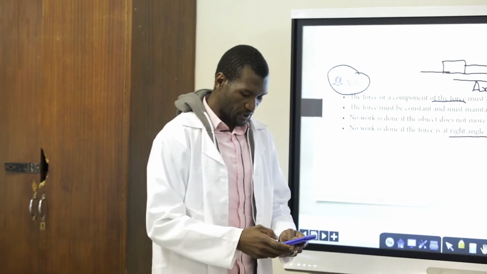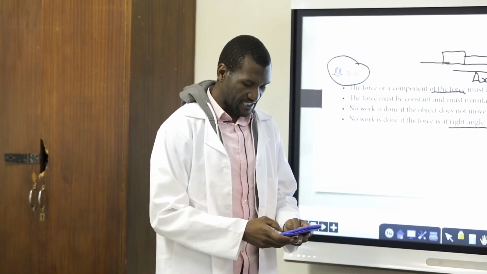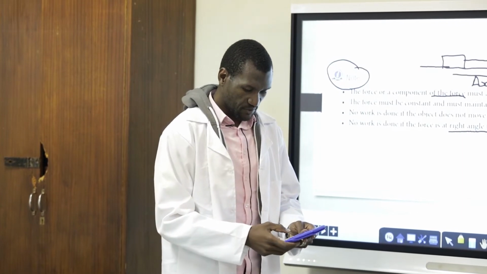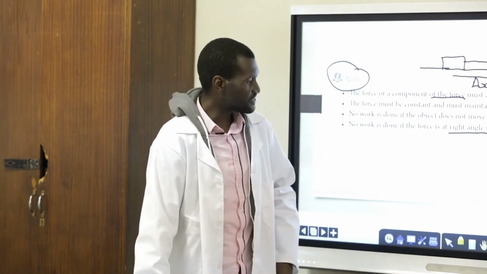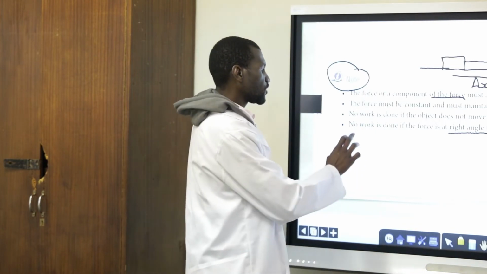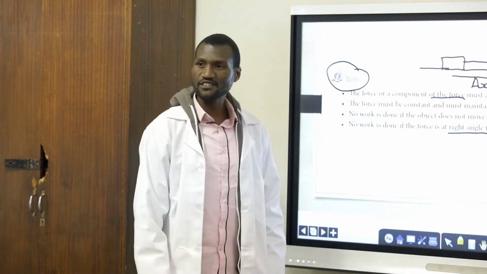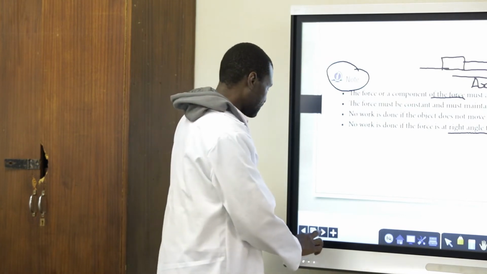Because if you pull out your calculator and try to find cos of 90 degrees, you would find out that the cos of 90 is equal to 0. So therefore, no work is done if the force is at a right angle.